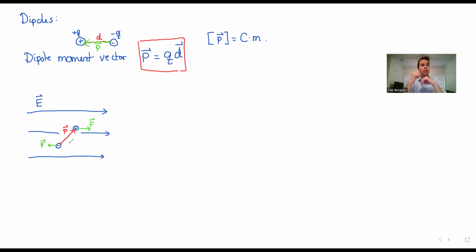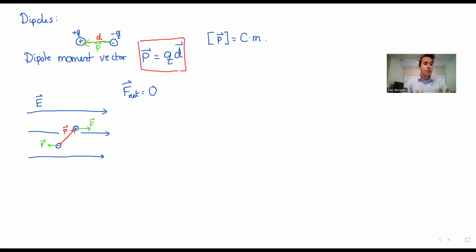Now keep in mind that for a dipole, whenever we say dipole, we mean that the charges are the same magnitude, but just opposite signs. So the magnitude of these two forces, if the electric field is constant, is going to be the same, right? So the net force on our dipole should be what? Well, there's one pointing to the right, there's one pointing to the left. You have no net force acting on the dipole.